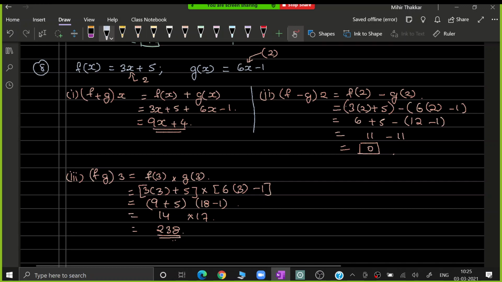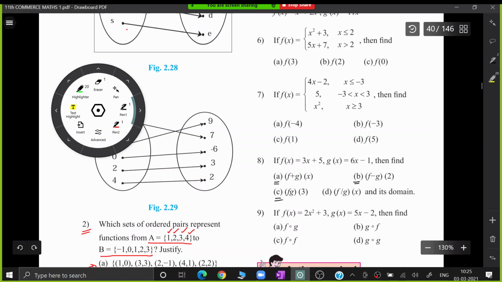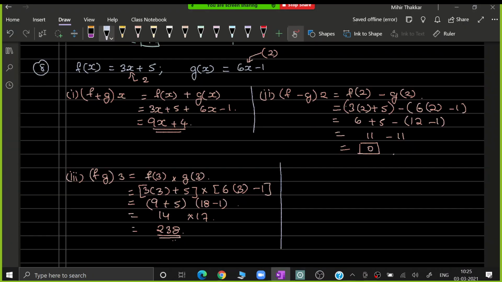In the same manner, the next one, f upon g(x). This can be written as f(x) divided by g(x), which is 3x plus 5 divided by 6x minus 1.